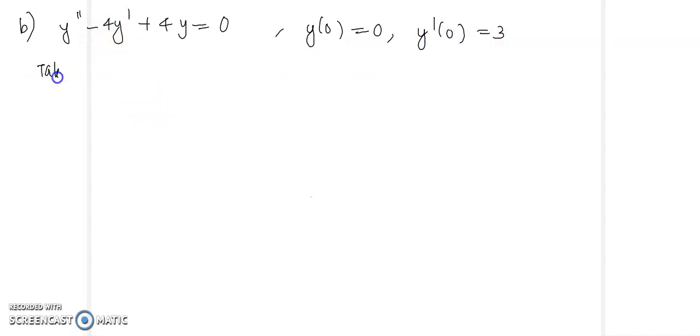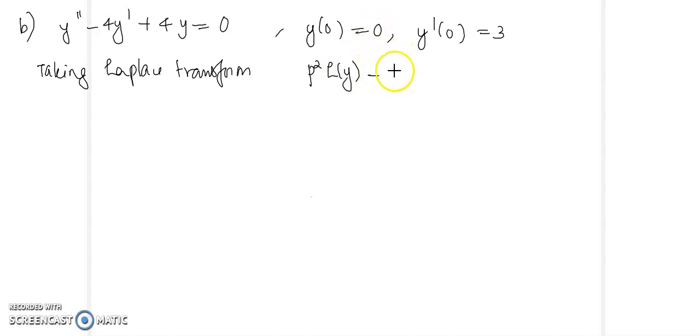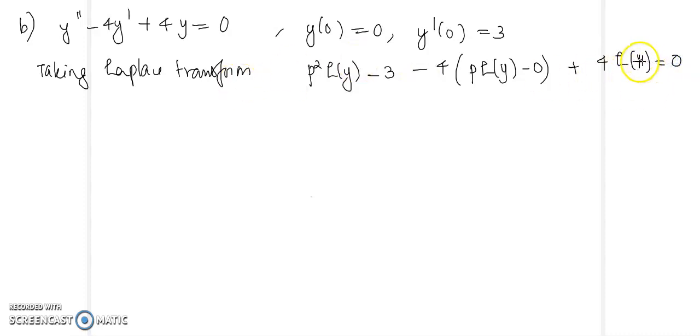So taking the Laplace transform, we will get p square into L of y minus p into y of 0, that is 0, minus y dash of 0, so minus 3, minus 4 p into L of y minus 0, then 4 L of y equal to 0.